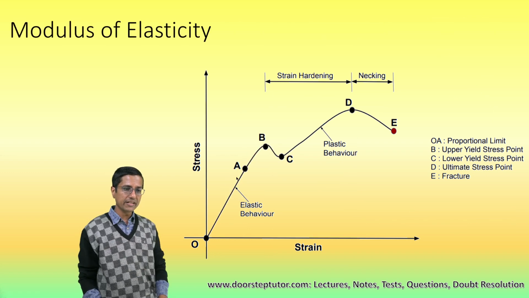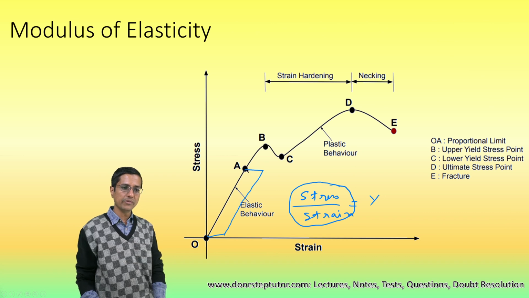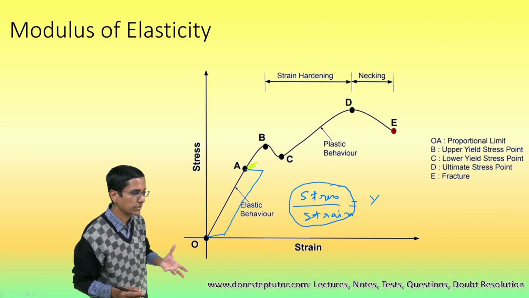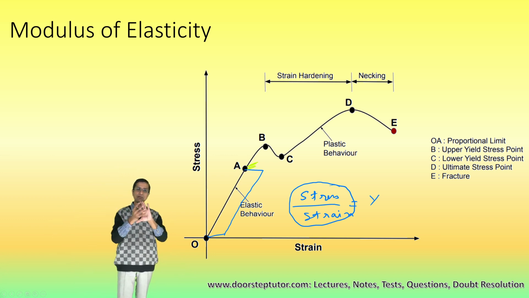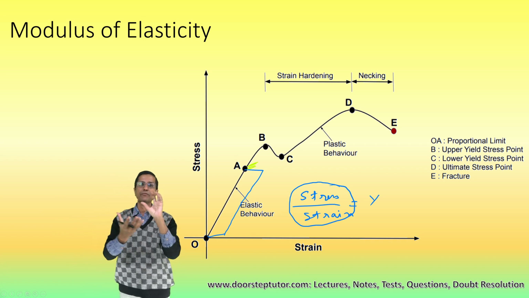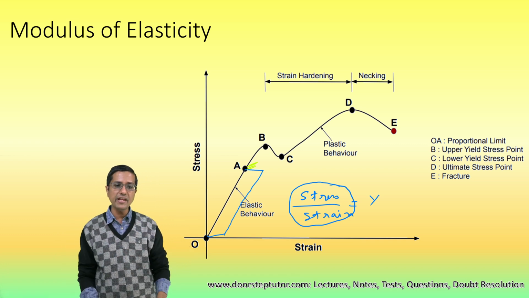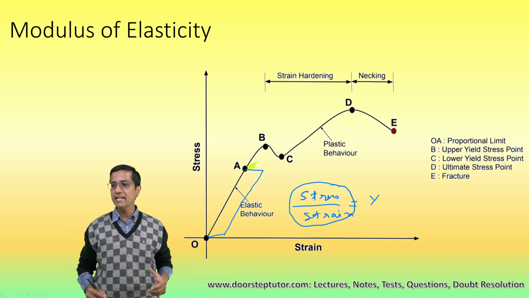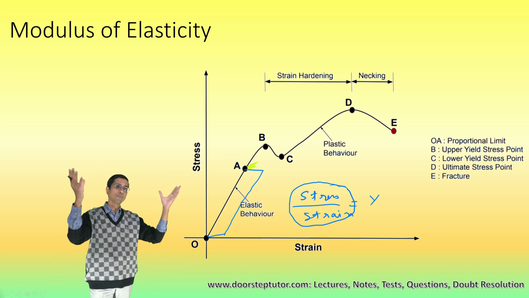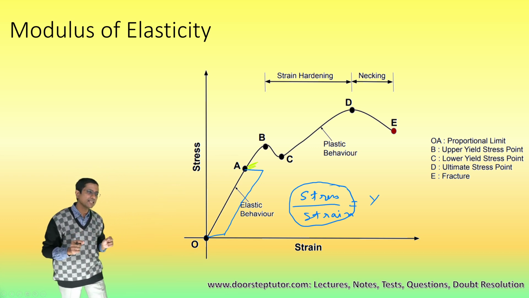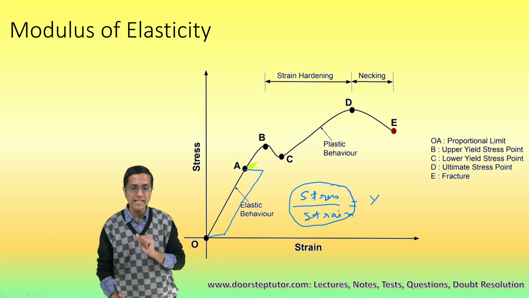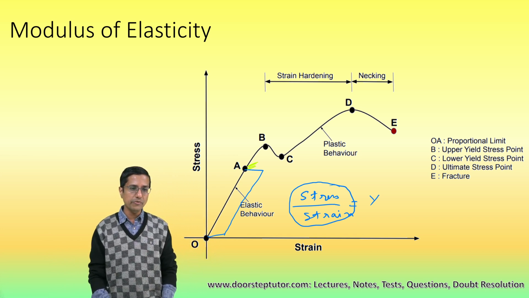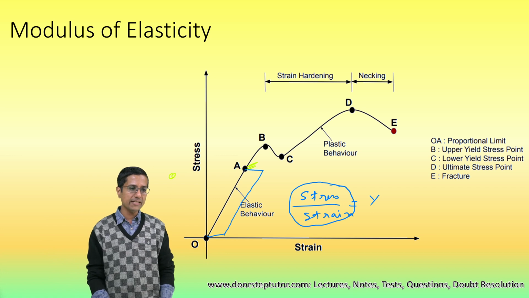But in this region, I can compute the various modulus, the elasticity behavior. Okay, I can compute, for example, the volumetric one. I can just say that I have taken a ball of steel and I am compressing it from all sides, and in that way, I can compute the stress and strain, and that would be another kind of modulus of elasticity.